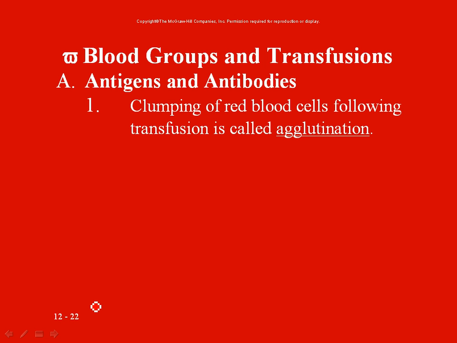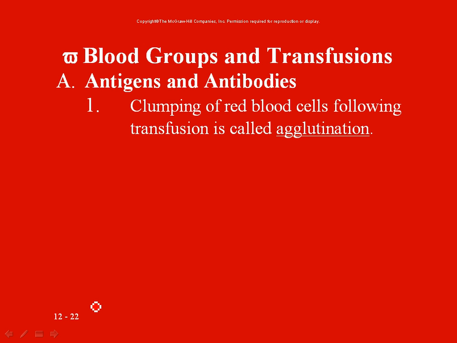And one of the ways that antibodies can help to get rid of foreign red blood cells is they will actually bind to the foreign red blood cells, hold them in place, called agglutination. It basically clumps them in place, and then your big phagocytes like monocytes, etc., can come around and eat up those cells.